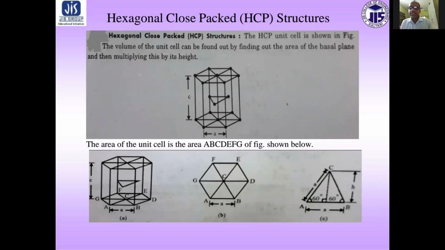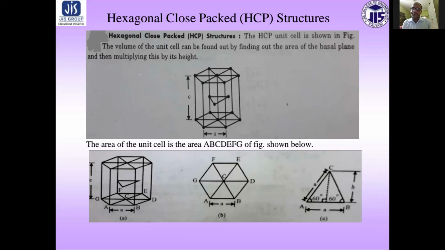Next is the hexagonal close packed structure. As we can see here, the total number of atoms present in a hexagonal close packed structure is equal to 6.